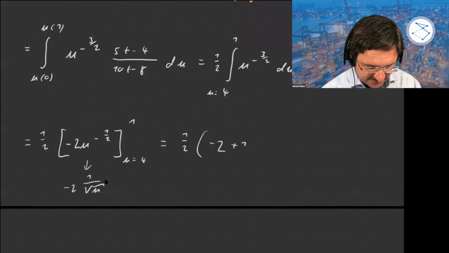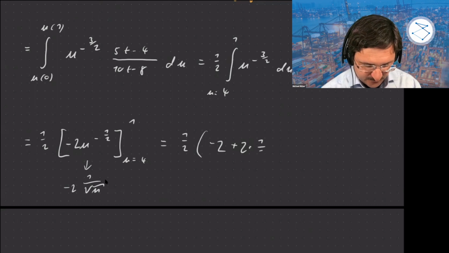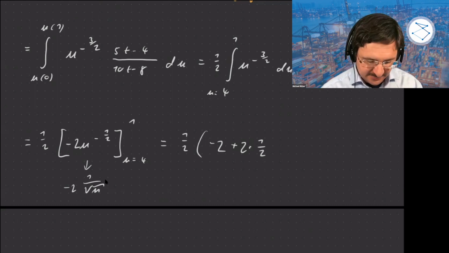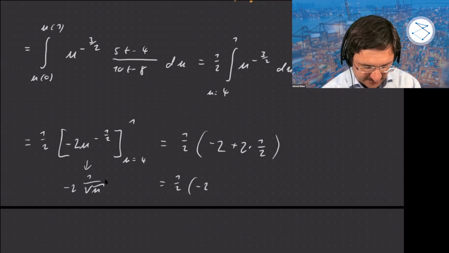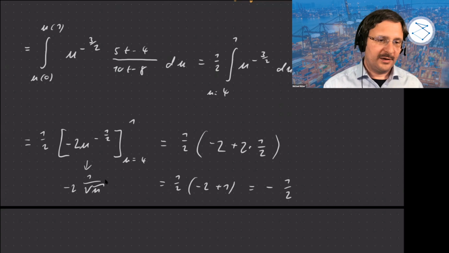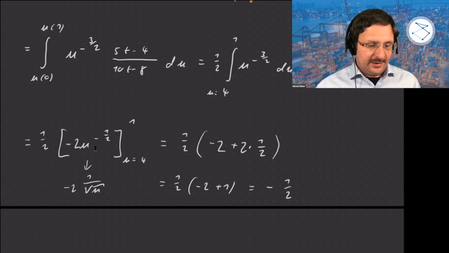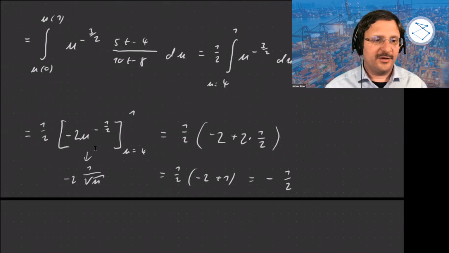So we get plus 2 times 1 over the square root of 4, and that's 1/2. So we are left with 1/2 times (-2 plus 1). So that is -1/2. And that's the result of this integral here.